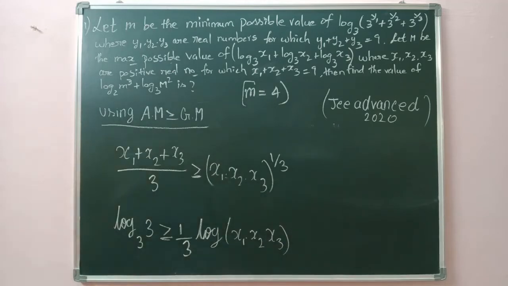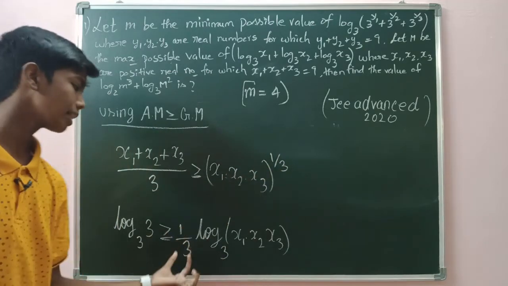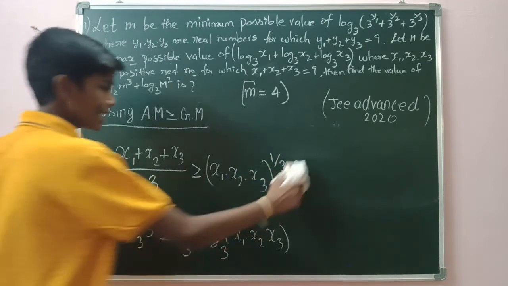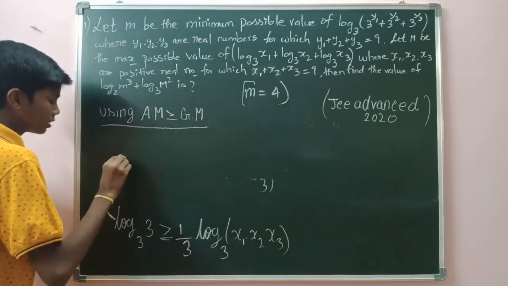So 1 by 3, that power I am taking outside, that's one of the properties. Recently I told, right, that's the property I am using here. Hence log to the base 3 of 3 is 1.